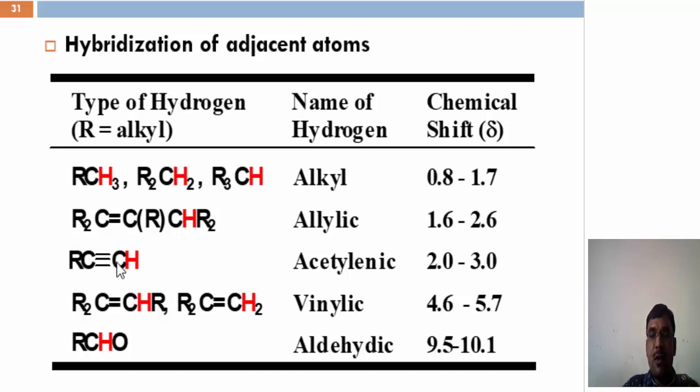When there is sp hybridization, like acetylenic, it shows a value between 2 to 3. When it is a disubstituted alkene, its value is 4.6. When an aldehyde group is present, this proton shows a value between 9 to 10, but not beyond 10. It is between 9 to 10 only.